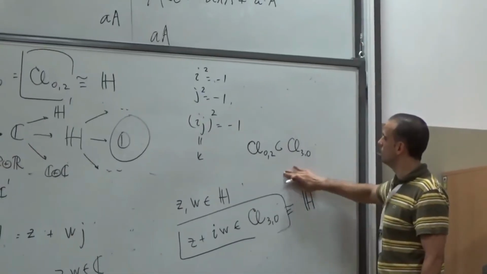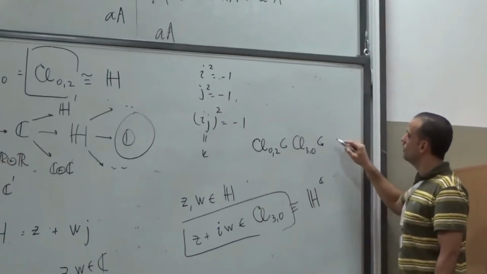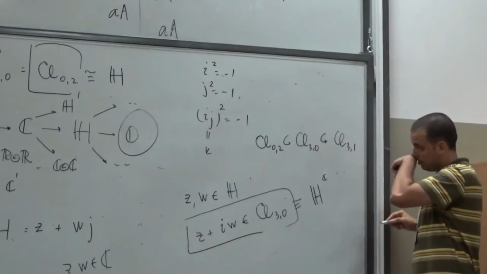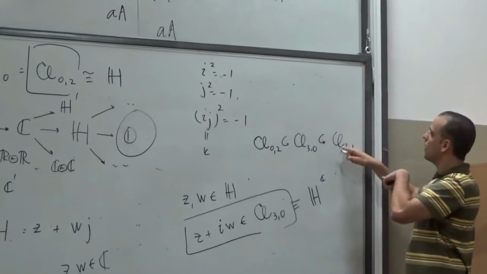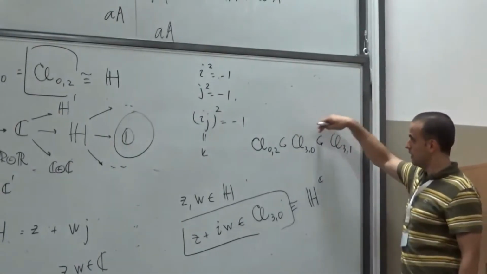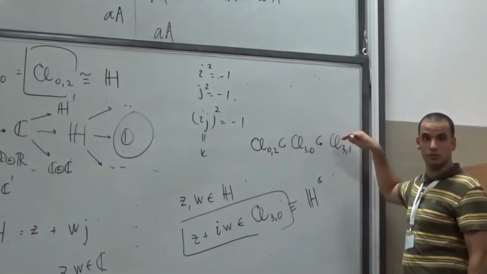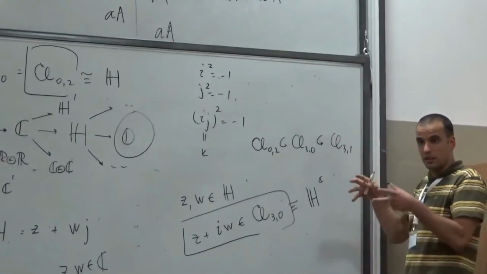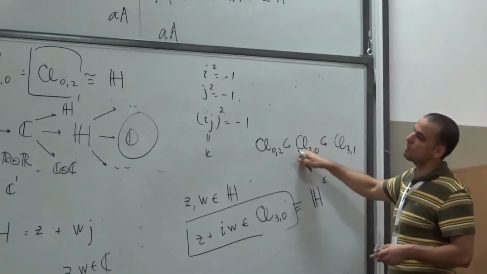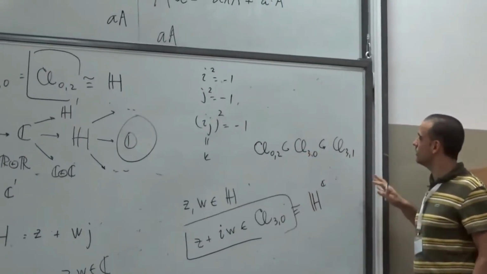The next one would be space-time, 3,1 or 1,3. They are different algebras, but this embedding is true in both cases. In terms of the even subalgebra, there is no difference.